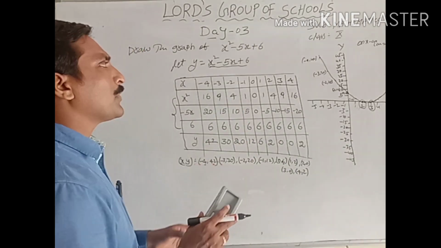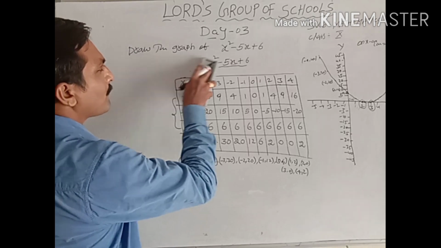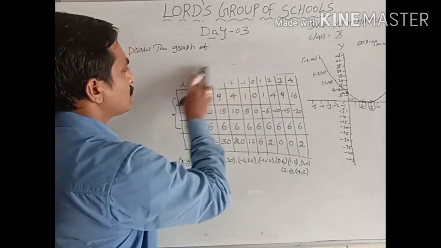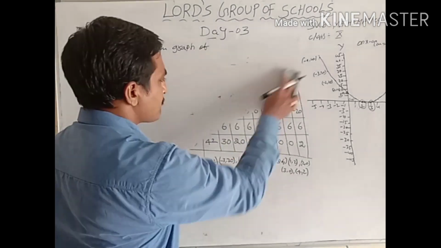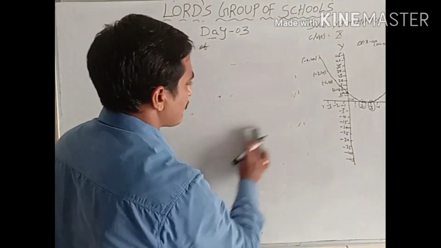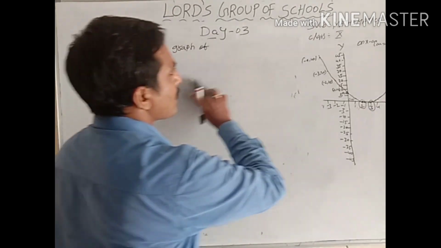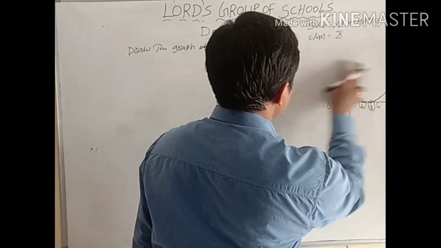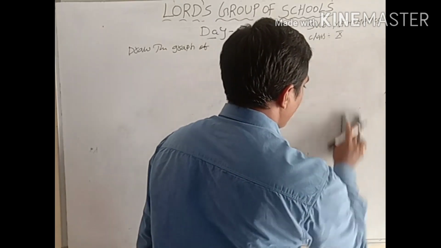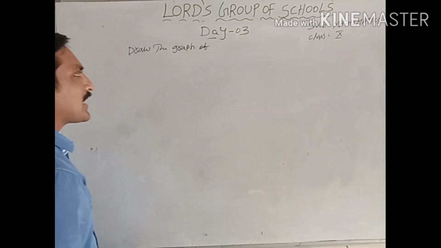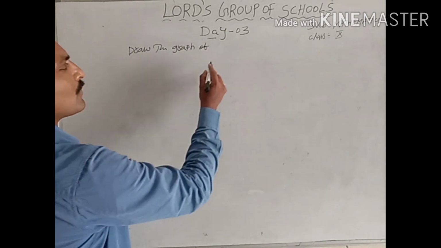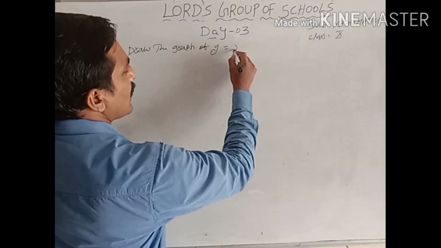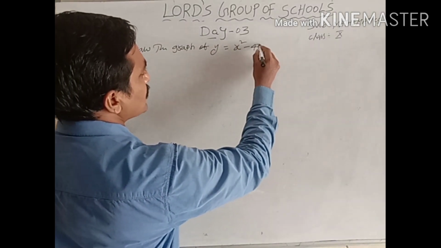Next, one more example. Draw the graph of y is equal to x square minus 4x, if it is asked like that.